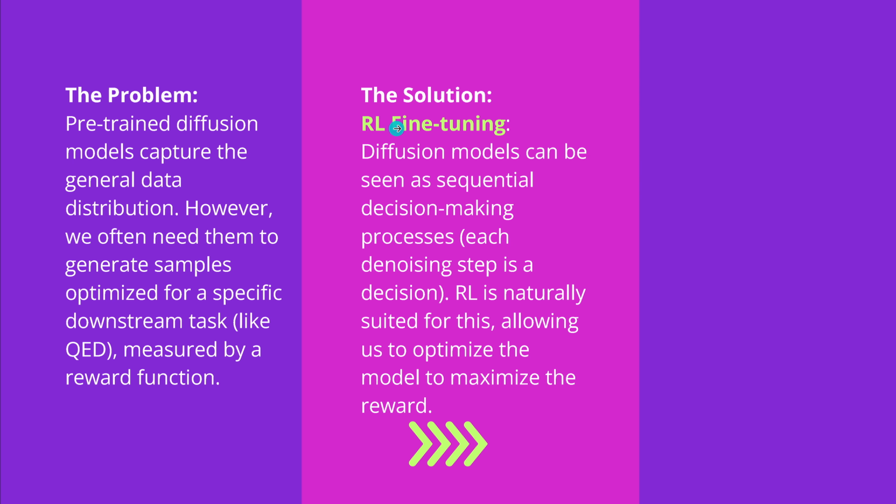So we are talking now about reinforcement learning fine-tuning. So you see, we break with the tradition of our three-phase model: pre-training, fine-tuning, and RL. And now we have reinforcement learning fine-tuning on diffusion models. And this is interesting.